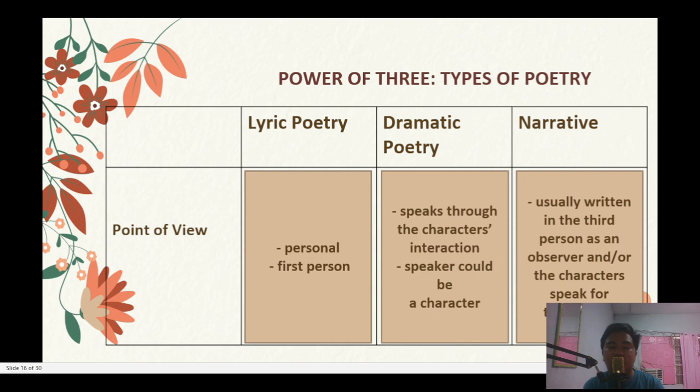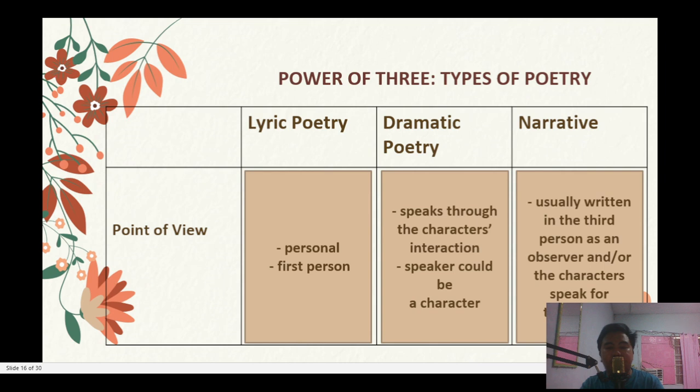For dramatic poetry, as I've said, since there is a speaker that is telling or speaking, its point of view speaks through the character's interaction. Speaker could be a character. So parang dinideliver ng isang actor na in character yung gustong sabihin, yung nararamdaman ng mismong character na yon.